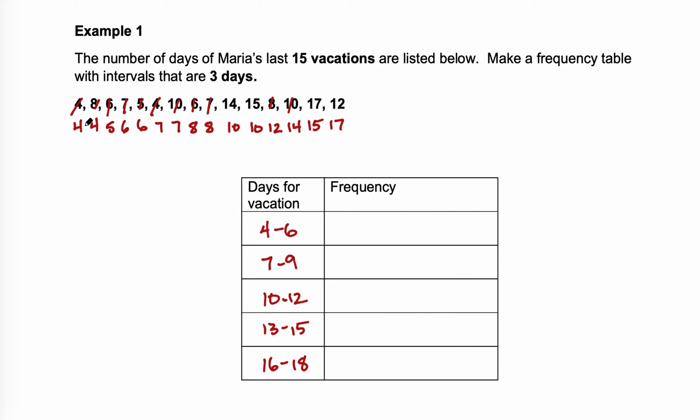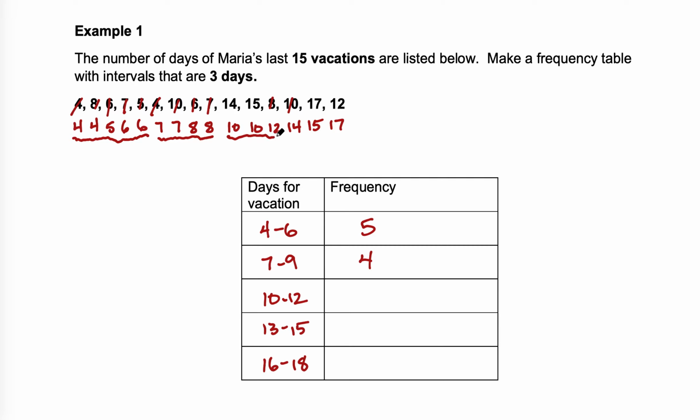So 4 to 6. Looks like I got a bunch of them. So I've got 5 different vacations that were from 4 days to 6 days long. Let's do that one. So 5. 7 to 9. We've got 1, 2, 3, 4 vacations that were 7 to 9 days. 10 to 12.